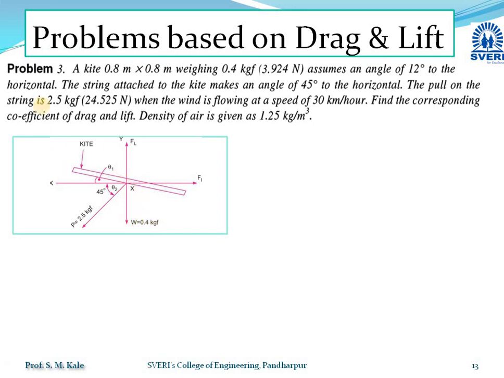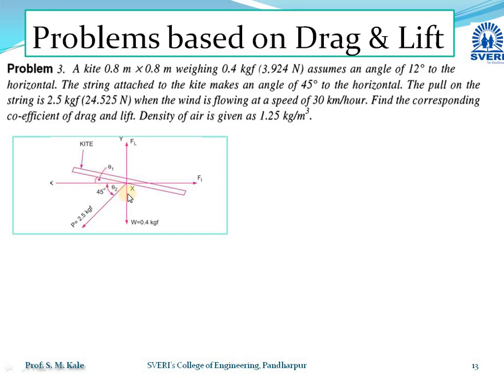That weight of the kite will always act in the vertically downward direction, and here we have assumed, as in the problem, an angle of 12 degree to the horizontal. So the kite is making an angle theta 1, that is 12 degree, with the horizontal, because this axis will be considered as the horizontal axis. So this is theta 1, that is nothing but 12 degree.